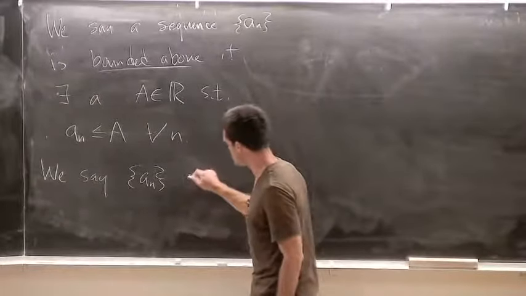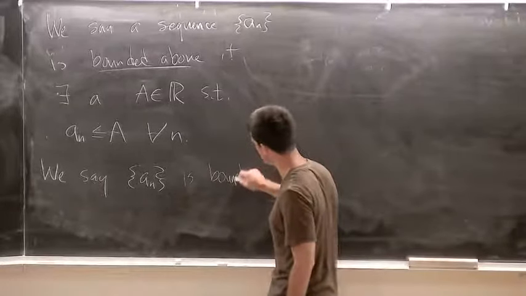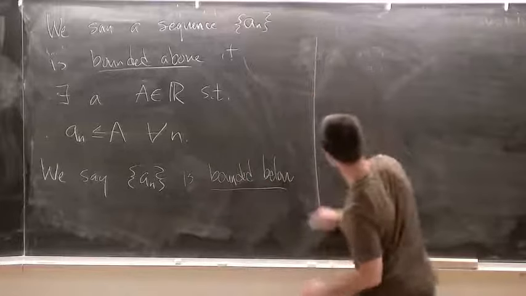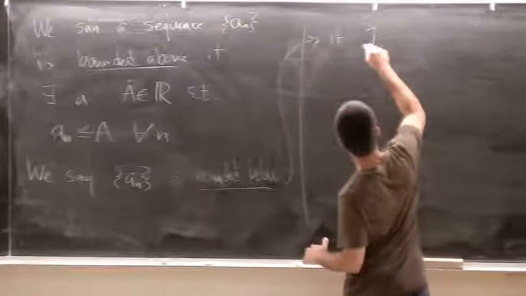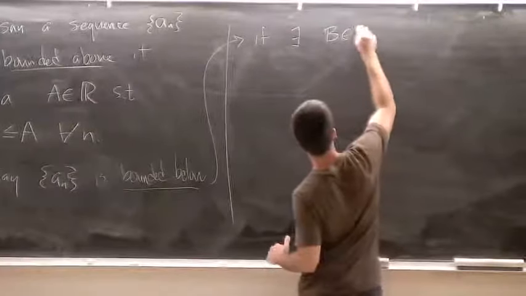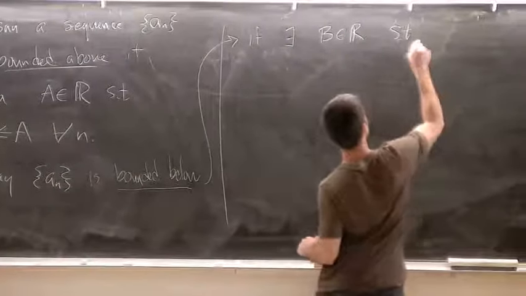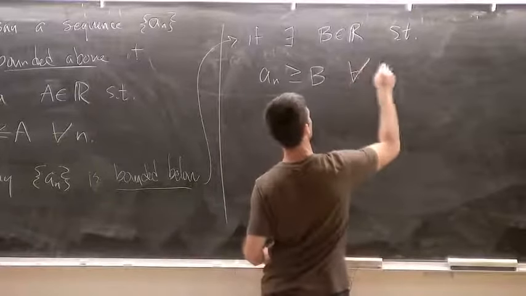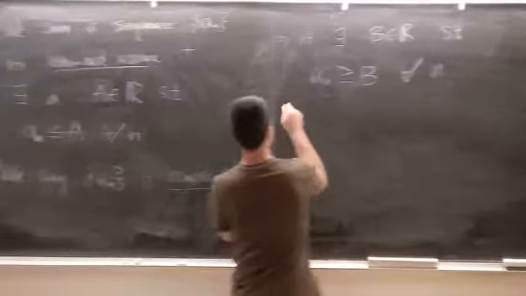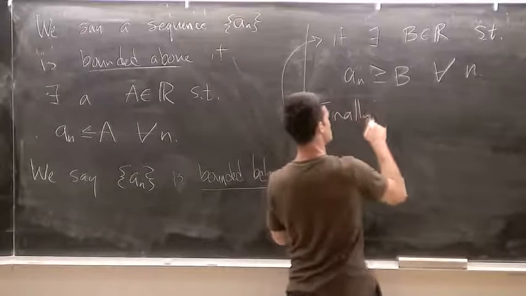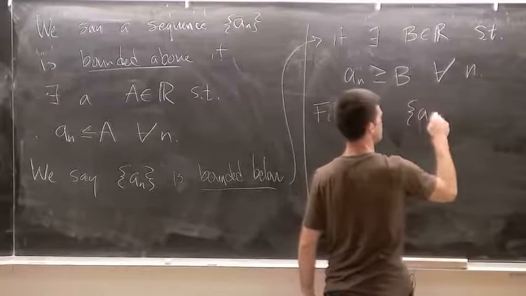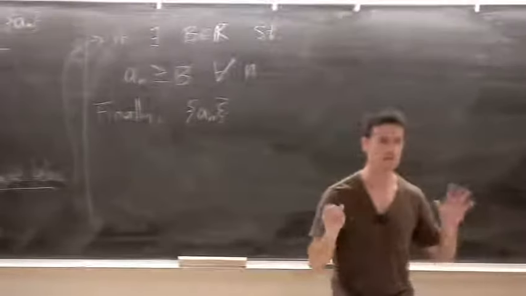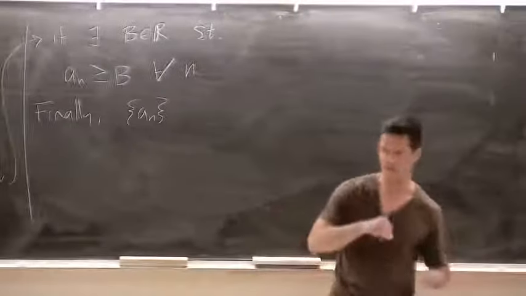We say a sequence is bounded below if there exists some real number b such that a_n is greater than or equal to b for all n. Finally, if we just say bounded and we don't say above or below, that means it's both bounded above and bounded below.